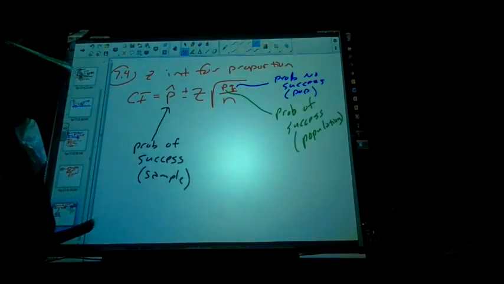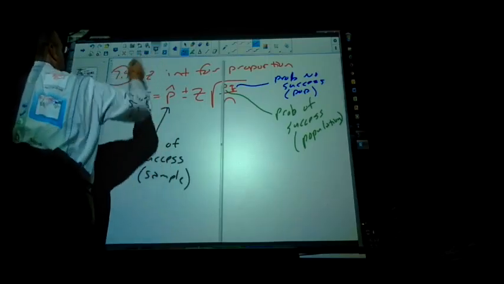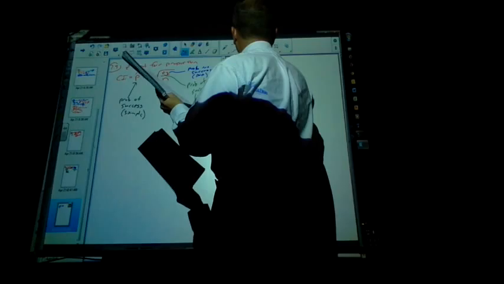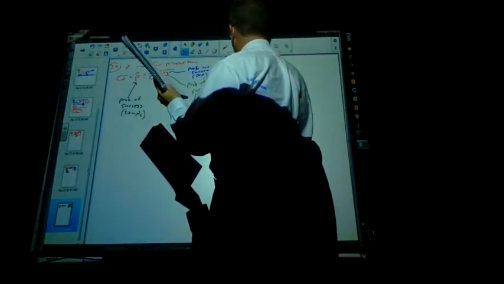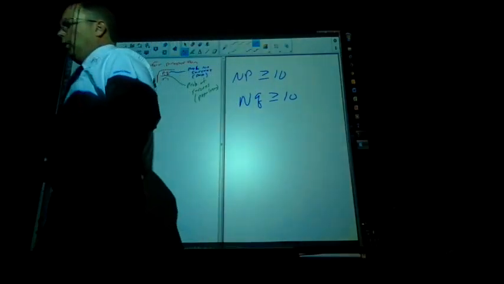Okay, so simple random sample, population is less than 10% of the population. N times P is greater than 10, N times Q is greater than 10. Wait, that's different than something we've done, but we've seen this before. What did this mean? What did that mean?